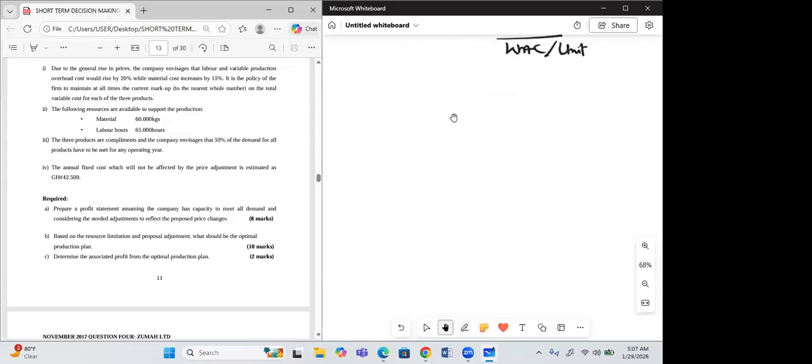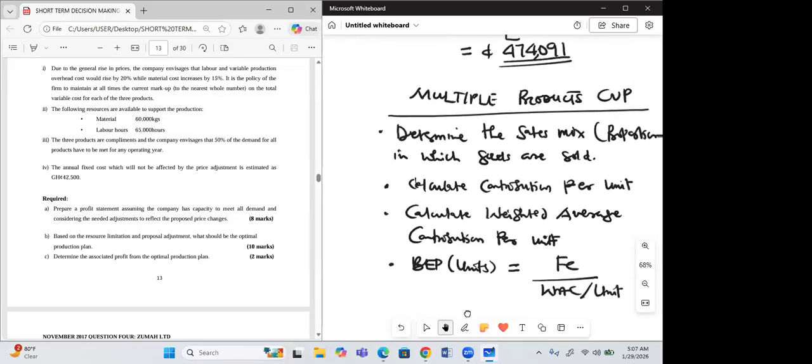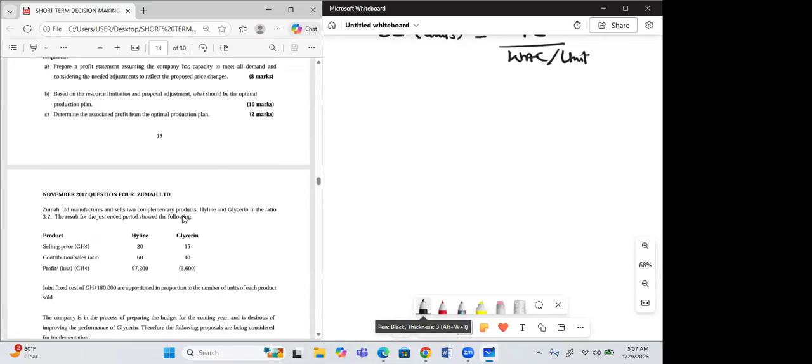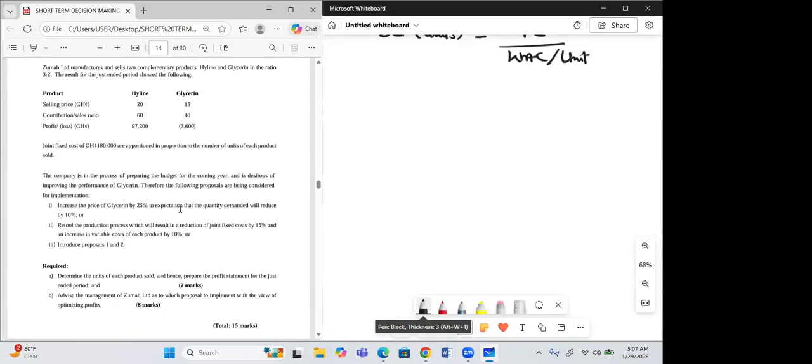Can we move on? So look at Zuma. Zuma Limited manufactures and sells two complementary products, Hyaline and Glycerin, in the ratio 3:2.